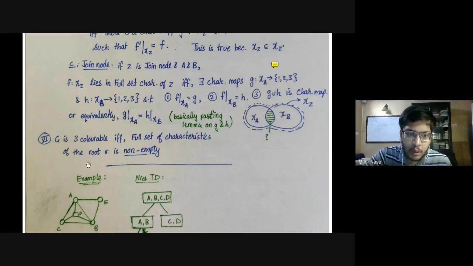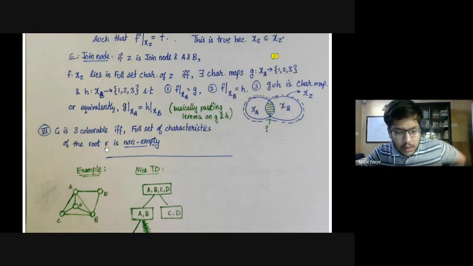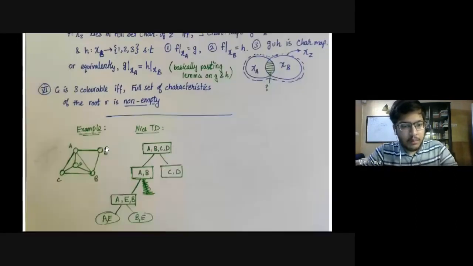Now when I reach the root R, if it has at least one characteristic, that is, at least one three coloring of chi R, then this means that chi R can be three colored, and the rest of the entire graph can also be three colored, such that chi R and the rest of the graph don't contradict each other. Because of this, I can say that G is indeed three colored. So this is the dynamic programming algorithm.